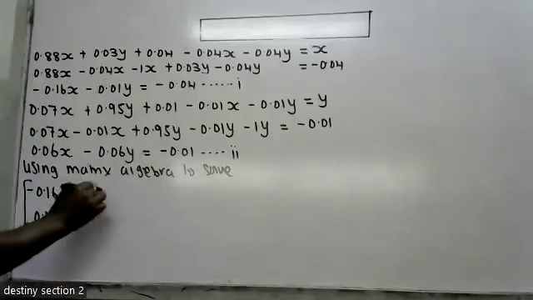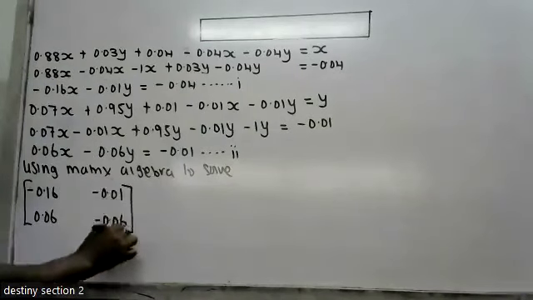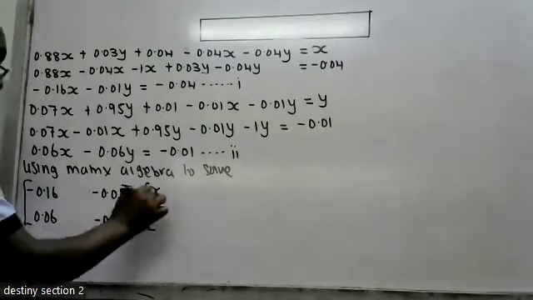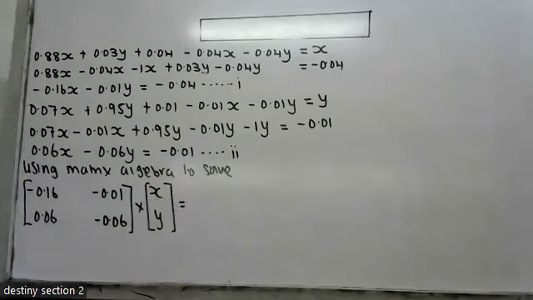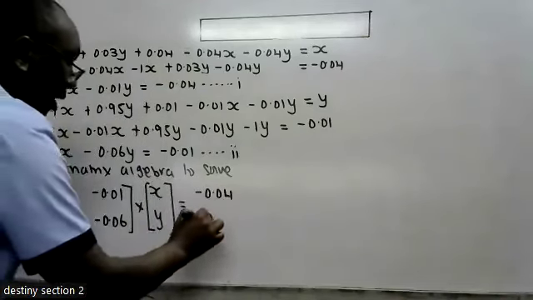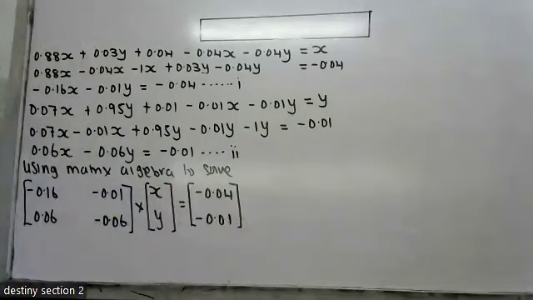Then we have minus 0.01 and minus 0.06. You multiply by x and y. Should be equal to this one, minus 0.04, minus 0.01. So I hope that is okay.